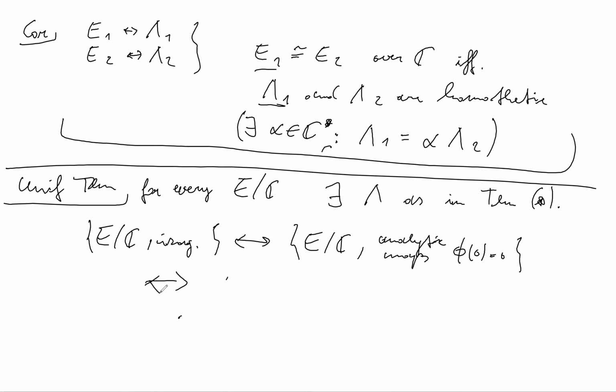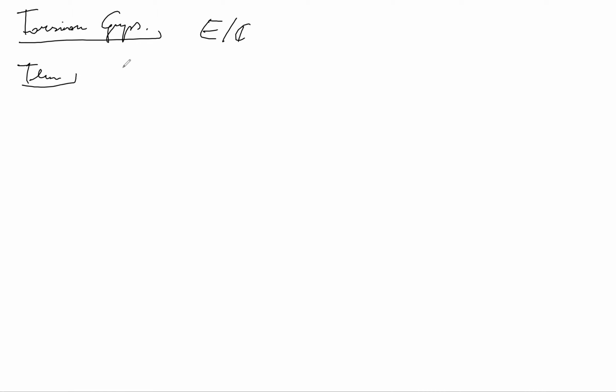So now in the last 10 minutes, I hope we get through all of that. I want to talk a bit, in preparation for when we talk about complex multiplication, about torsion groups. They're really easy to understand for elliptic curves over C. So I take any E over C, and I look at this set E[m] for some integer m bigger than 1.